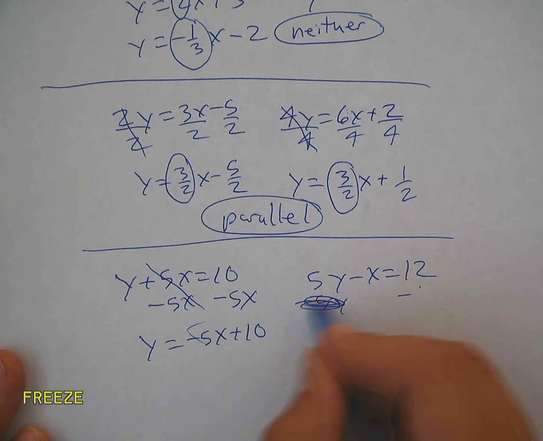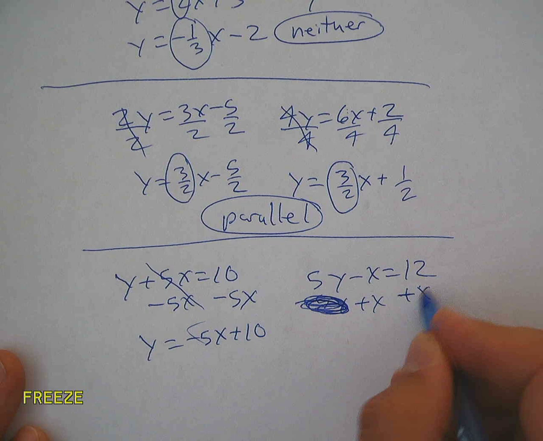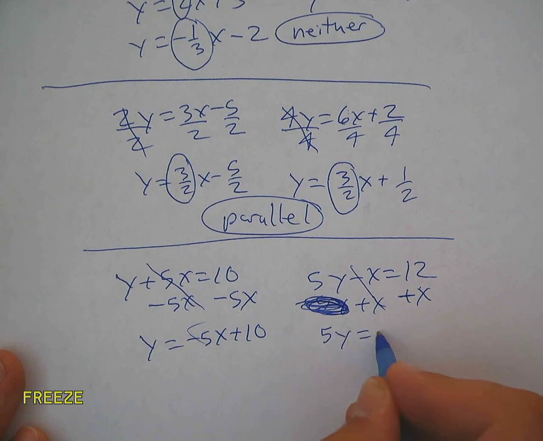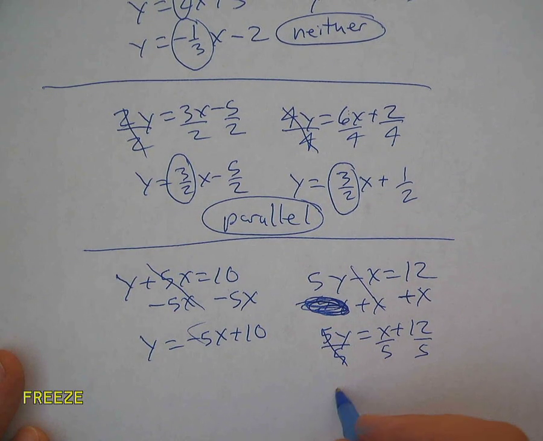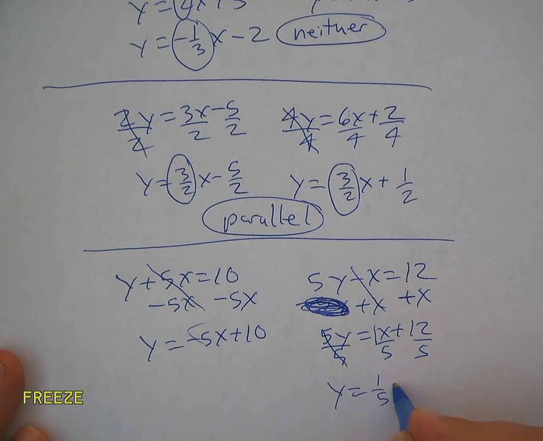Oh, I'm sorry. No, I'm not. That's a mistake. I can't do that. I'm going to add x to each side here because I want to keep y's on this side. So I have 5y equals x plus 12. Then I divide by 5 on each side. And I'm left with y equals, this is like a 1, so 1/5 x plus 12/5.